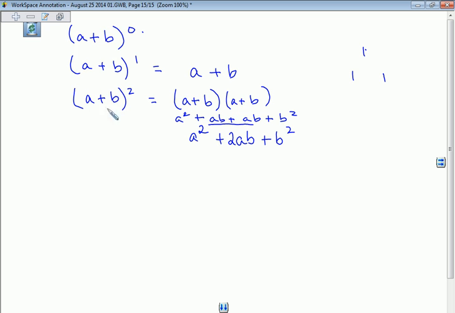You see that this is the form of any binomial being squared. If we square that first term, double the product of the two terms, and square the last term.